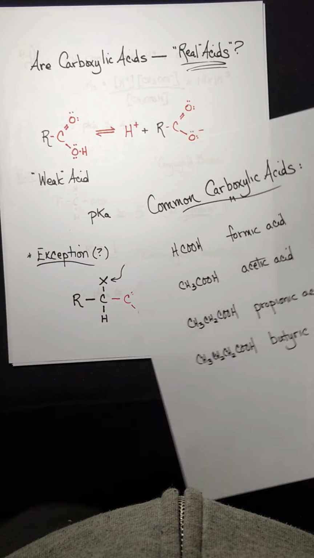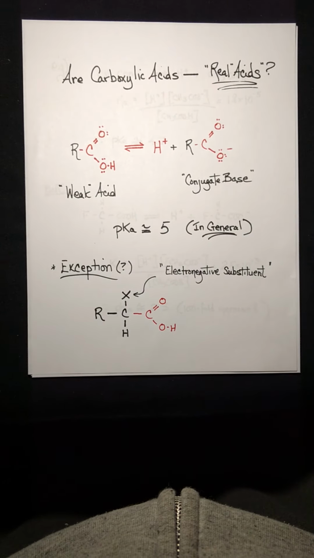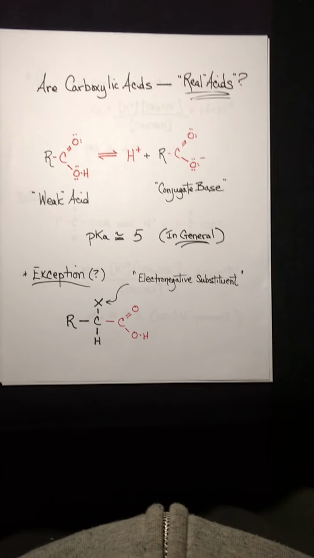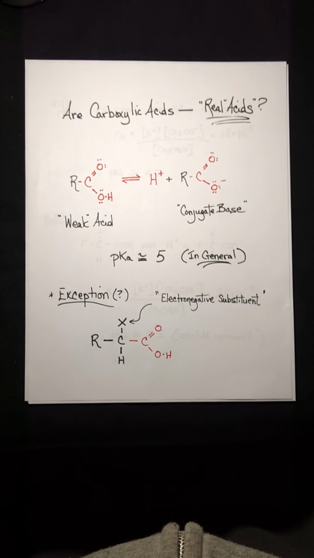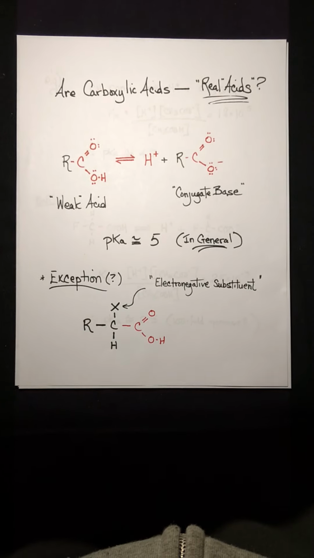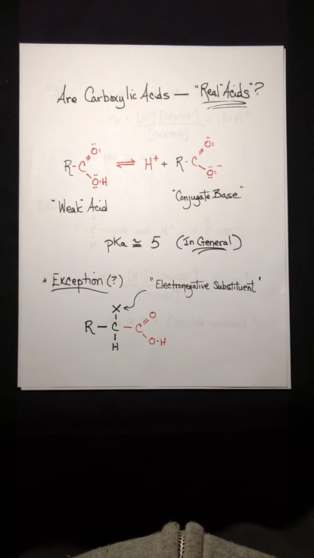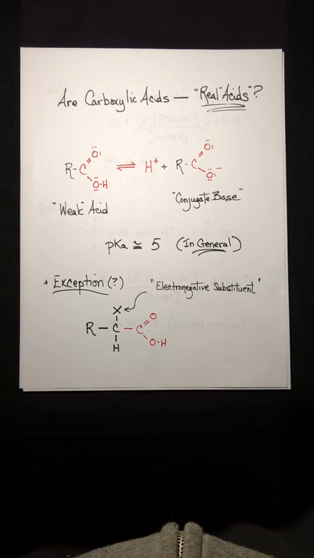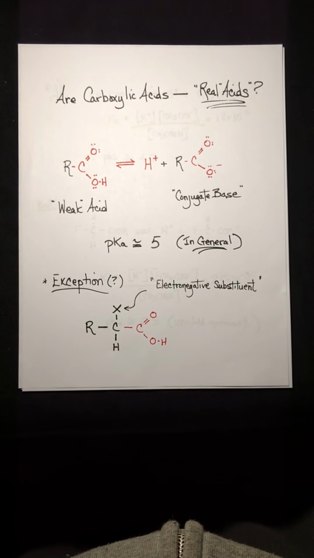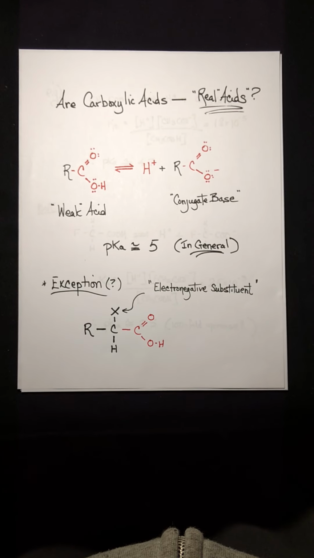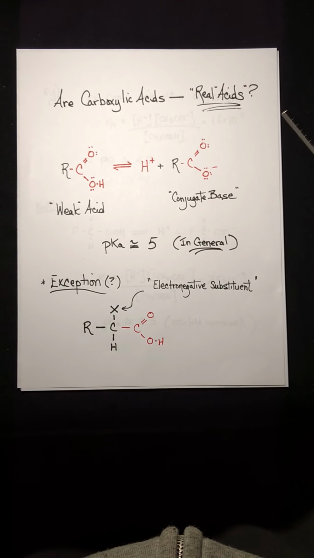One of the questions that often comes up with carboxylic acids is, are they real acids, at least within the context of what we think of when we hear acid? And the answer is yes, absolutely.